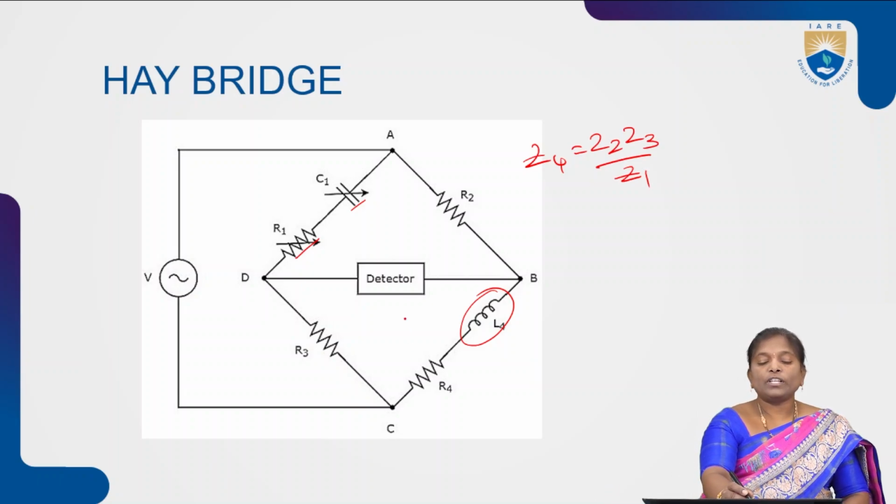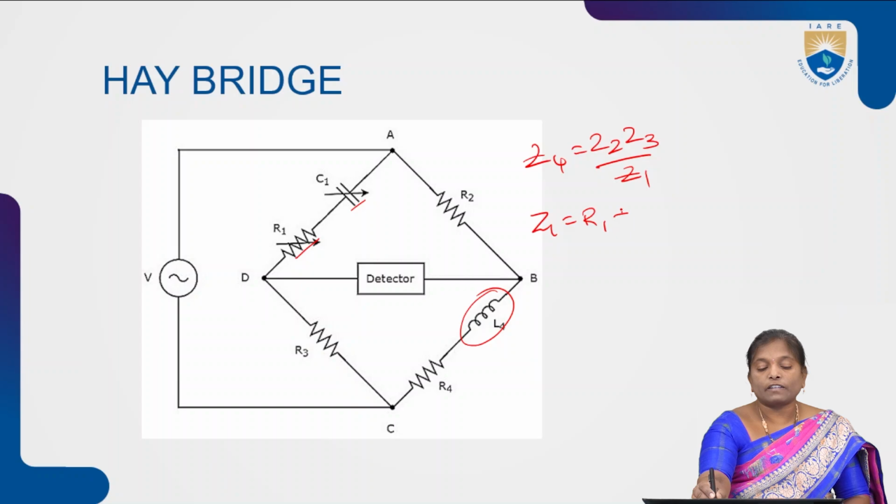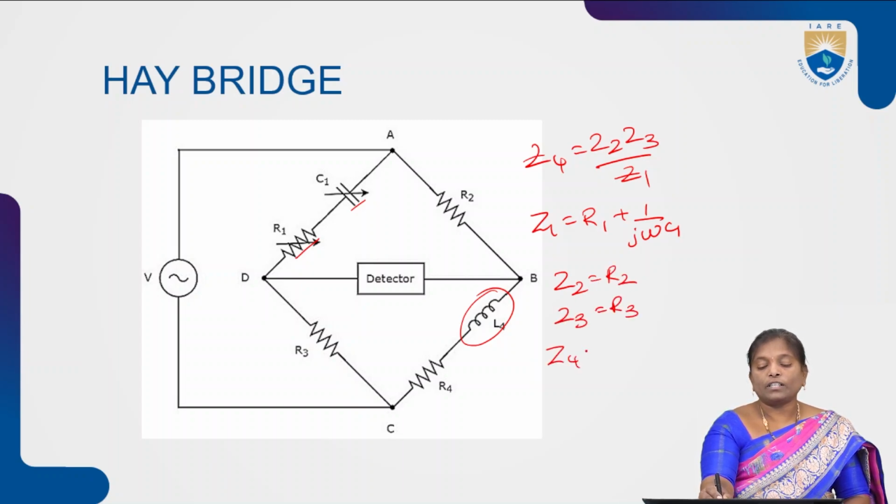Now we know that Z1 equal to, so the resistance and capacitance, these two are in series, then we can add these two, that is R1 plus 1 by j omega C1. Similarly, Z2 equal to R2 and Z3 equal to R3 and Z4 equal to R4 plus j omega L4.